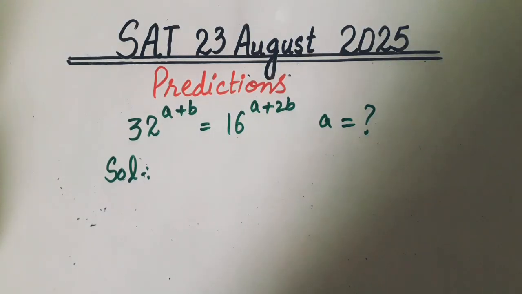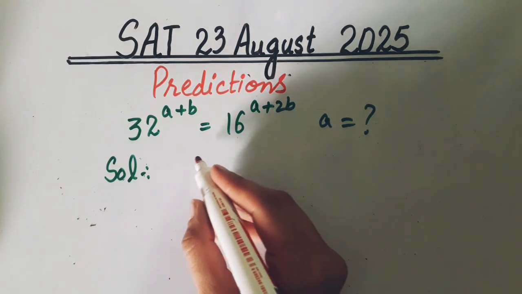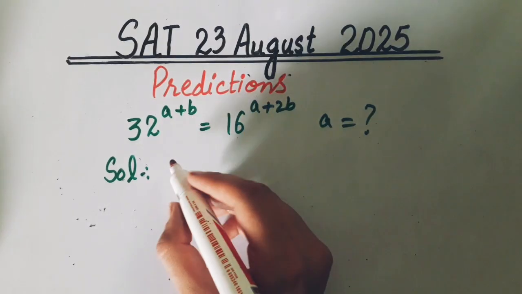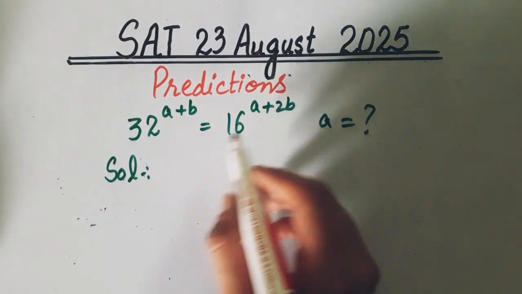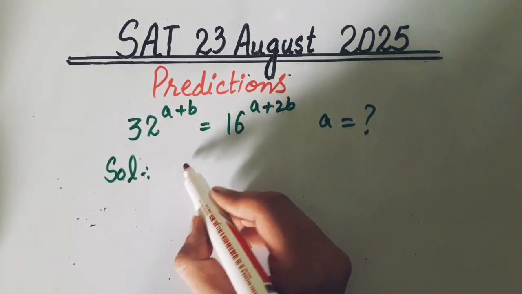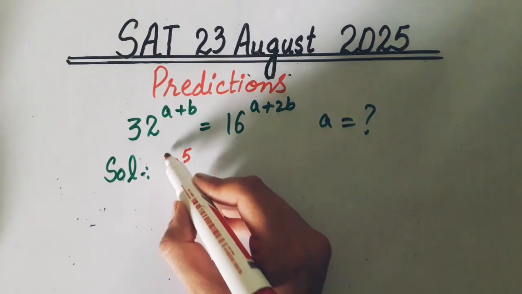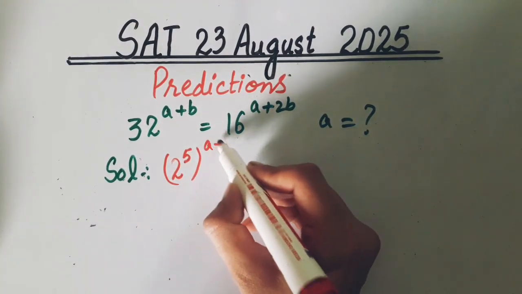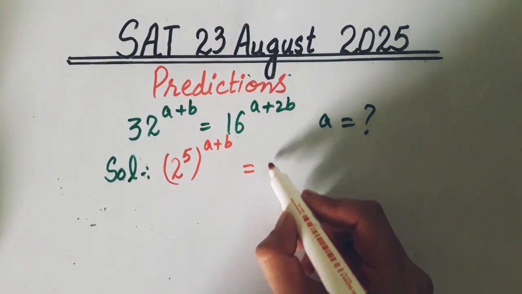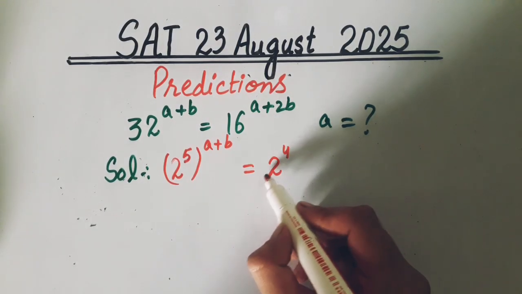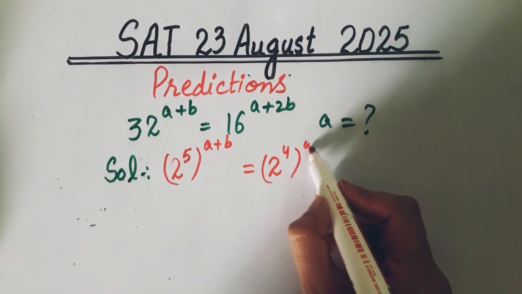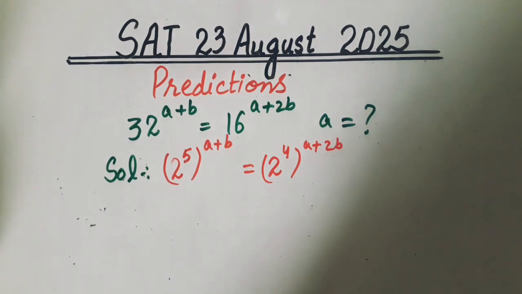First of all, we will write 32 and 16 in the same base. So 32 can be written as 2 raised to power 5, whole power a plus b, and 16 can be written as 2 raised to power 4, whole power a plus 2b.